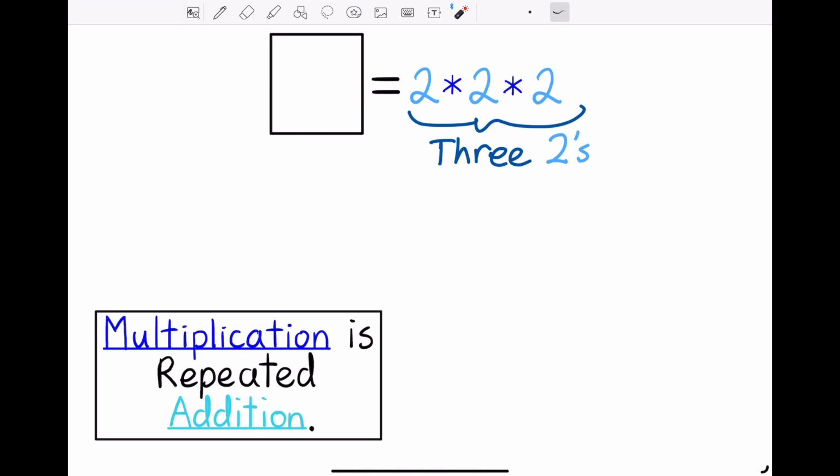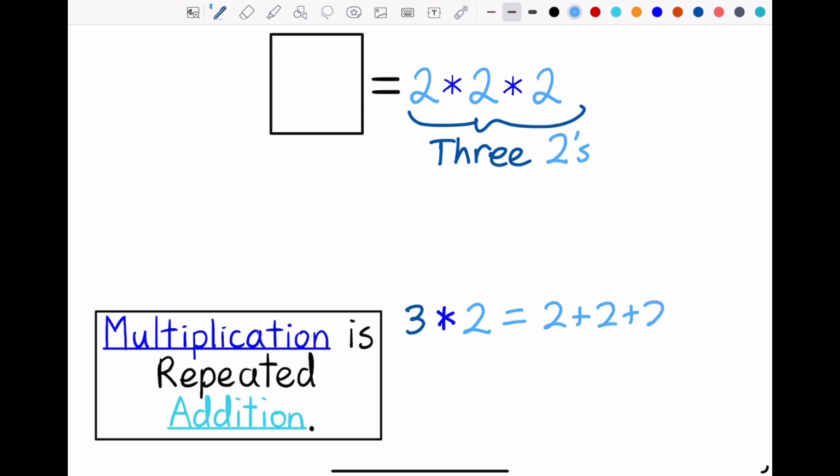However, we're not going to use multiplication to rewrite 2 times 2 times 2 because multiplication is repeated addition. So for example, let's say we want to rewrite 2 times 2 times 2 as 3 times 2. 3 times 2 tells us that we're going to add 3 2's.